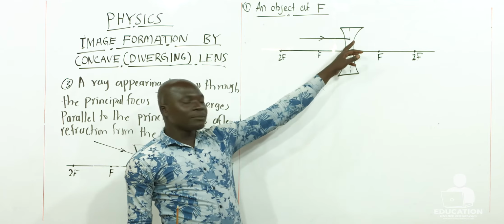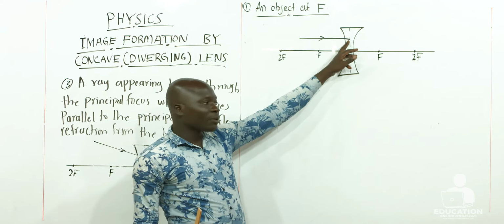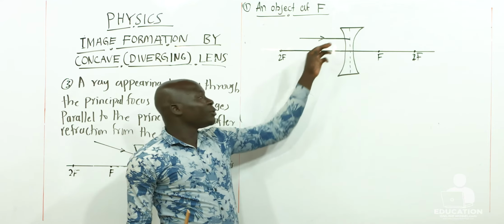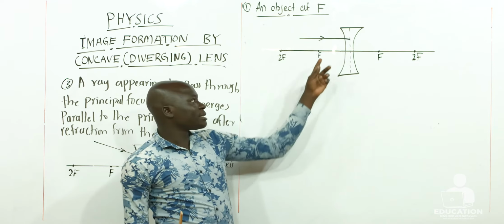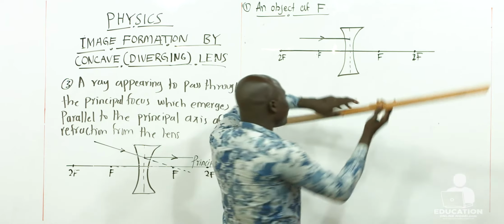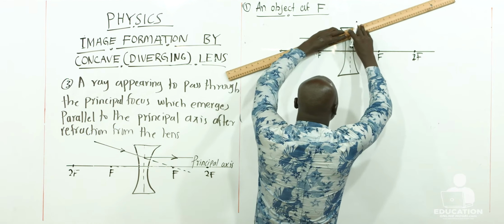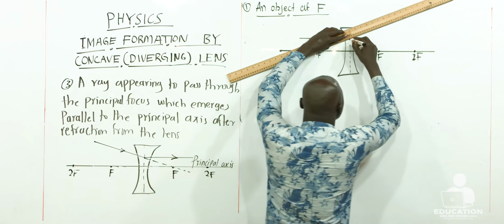Once this ray comes into contact with the lens, it will be refracted, but when it is refracted, it will appear to be coming from a certain point called the principal focus of the lens. So this ray will be refracted in this direction.